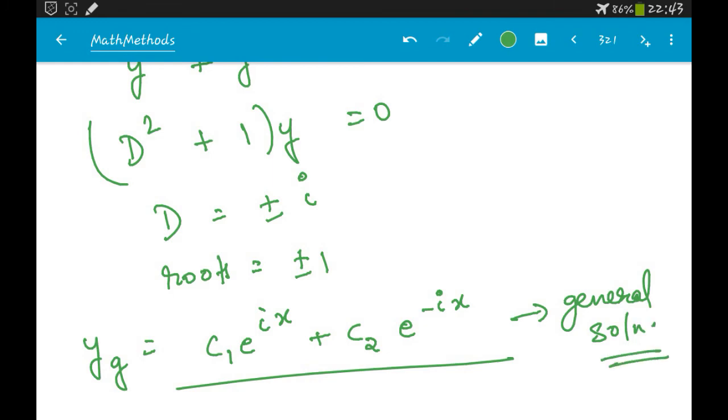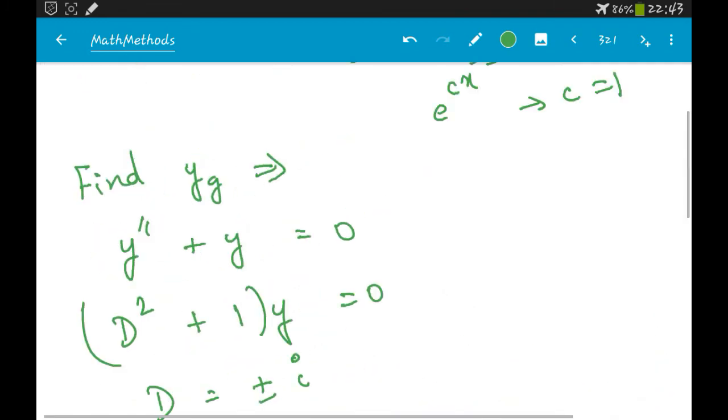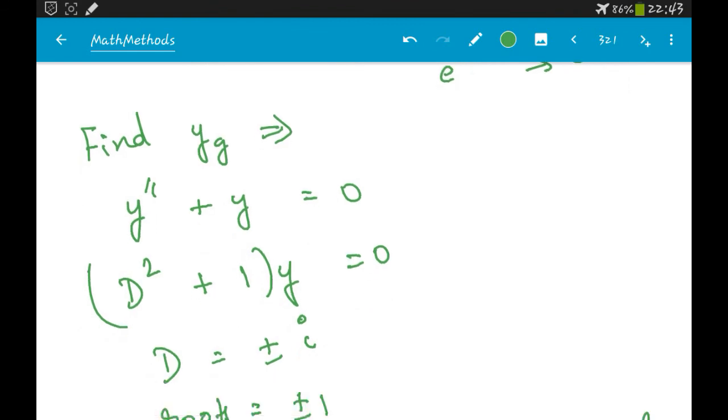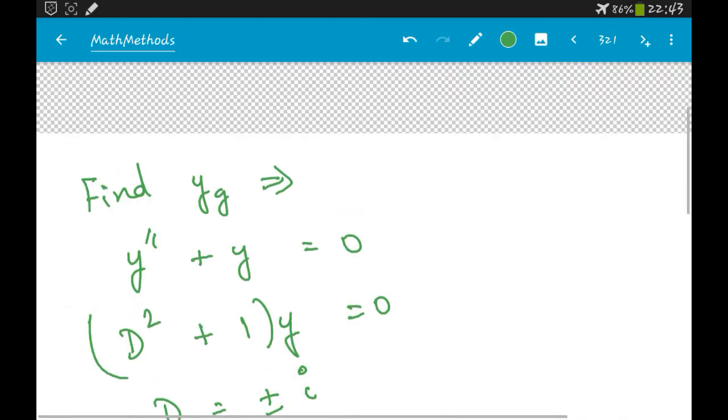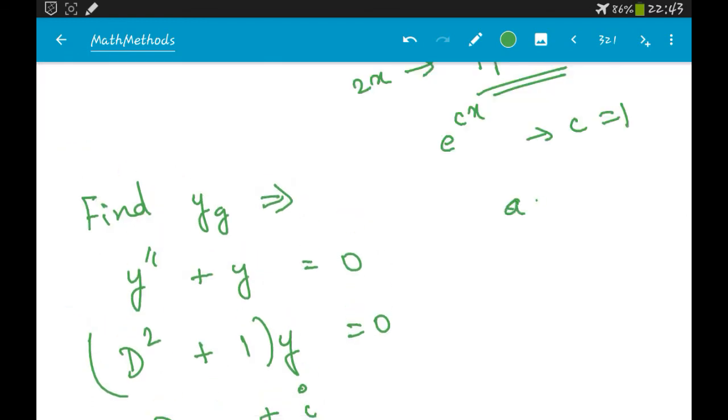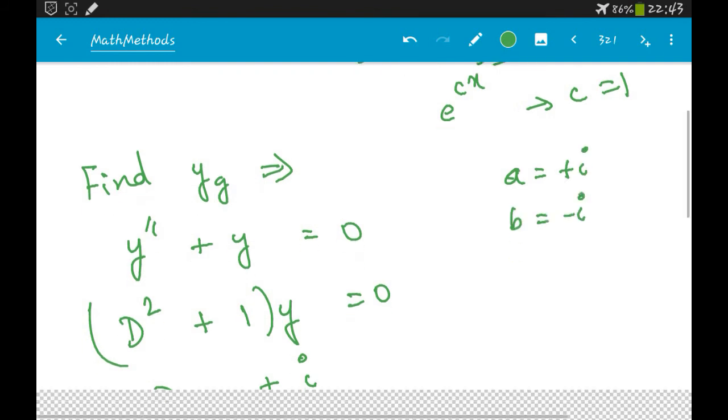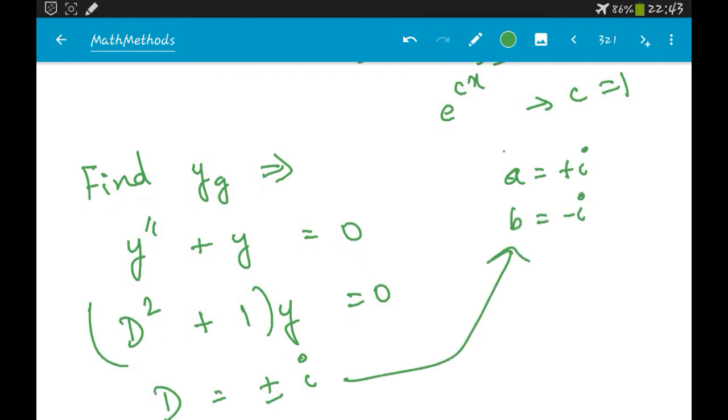Now we have to find the particular solution. Now let's see. You can see that a is equal to plus i, b is equal to minus i. These are the roots. And c is equal to 1.